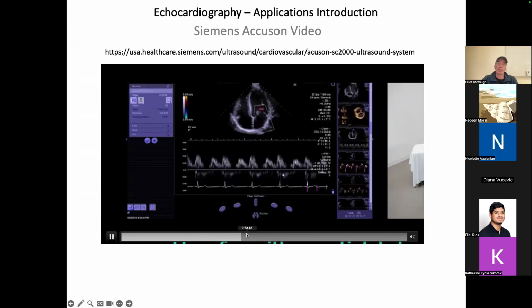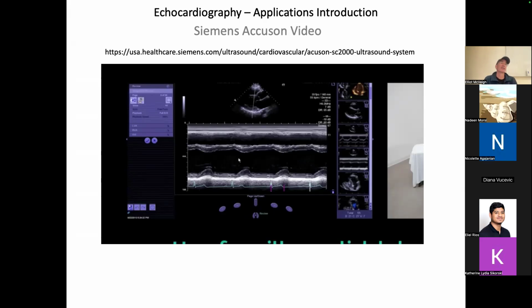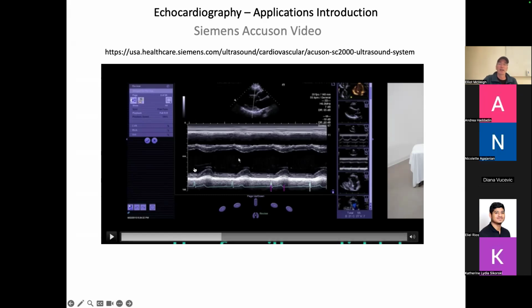Do you remember what an M mode image was from last lecture? Let's pause. So remember, I have one line that I'm measuring, but I can measure it with ridiculously high temporal resolution. And then I plot the echoes from that one line as a function of time. And so here's the EKG kicking off, and I see the ventricle basically getting smaller.